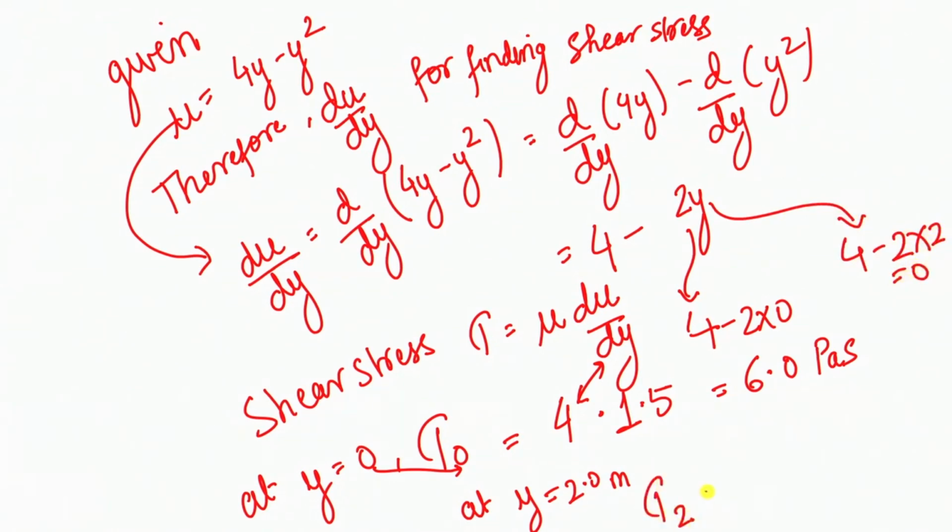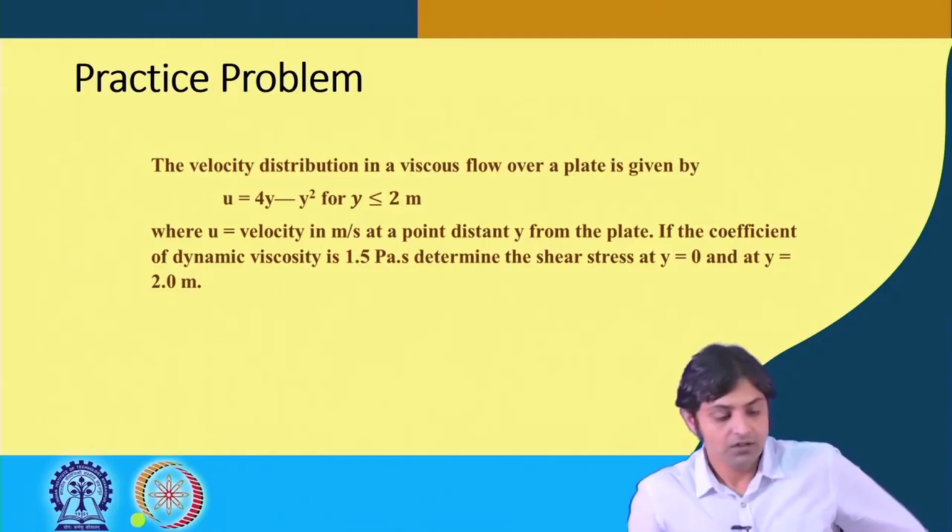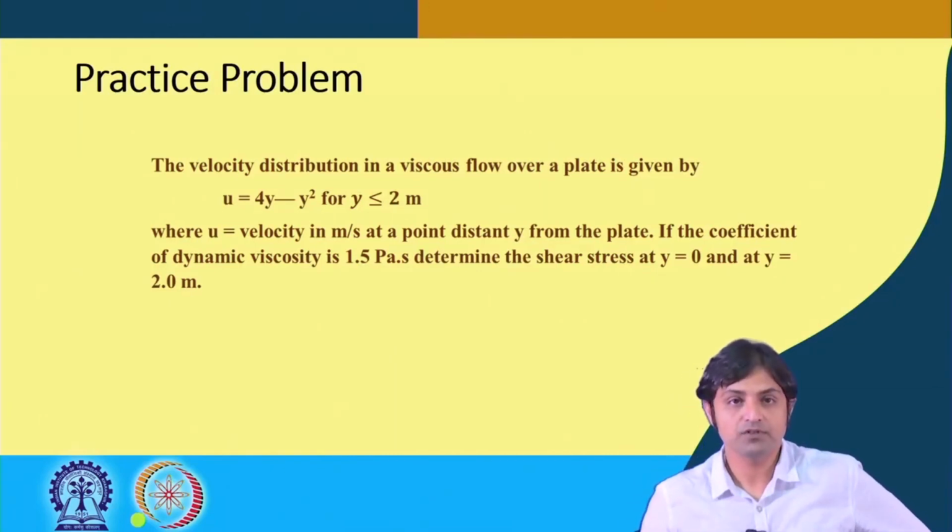Therefore tau at 2 will be mu times 4 minus 4, that is 0. So this is the first question that is there. So this problem we were able to solve.